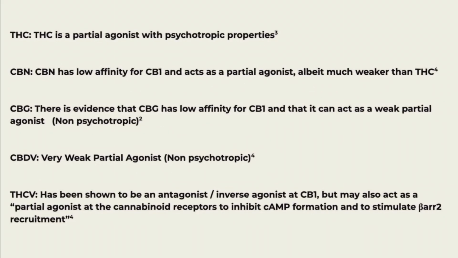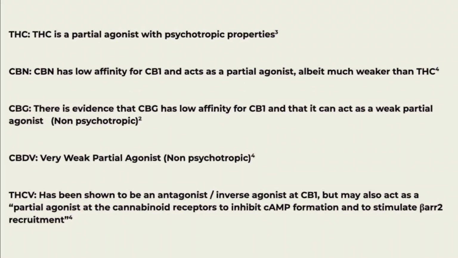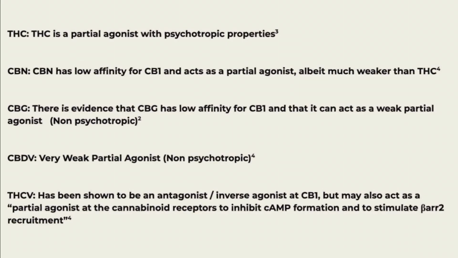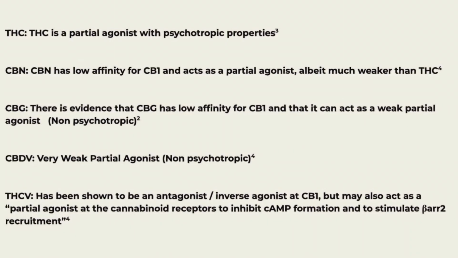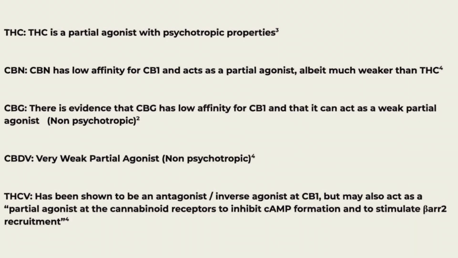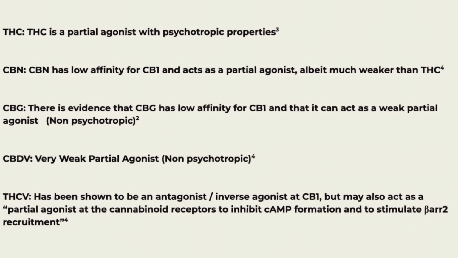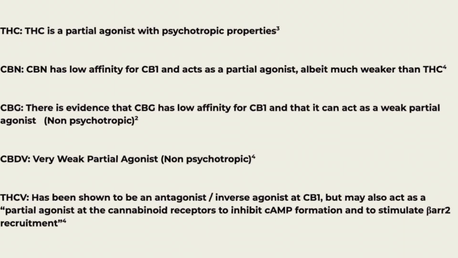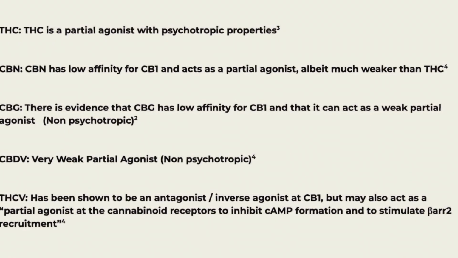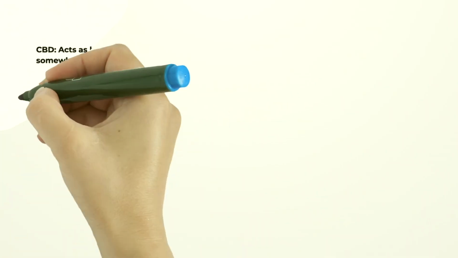This may be why THCV has been believed to suppress appetite. However, it may also act as a partial agonist, meaning it can partially activate the CB1 receptor, but it has been suggested to do so in a way that inhibits cyclic AMP formation and stimulates the beta-arrestin 2 protein.